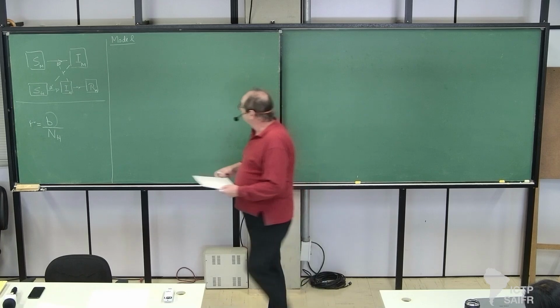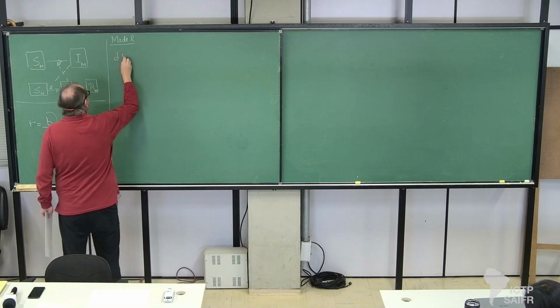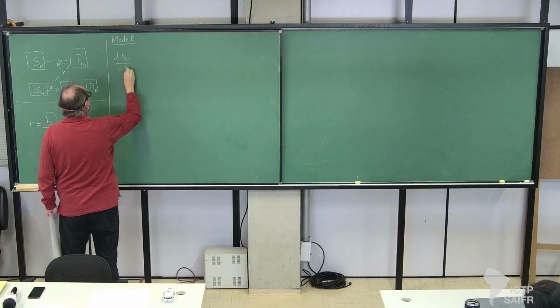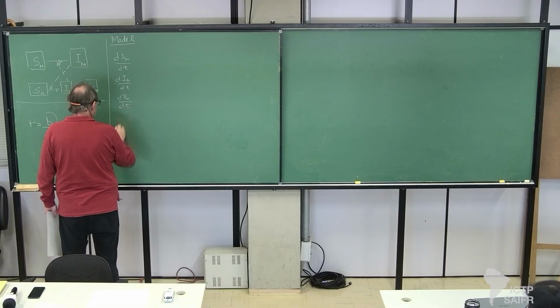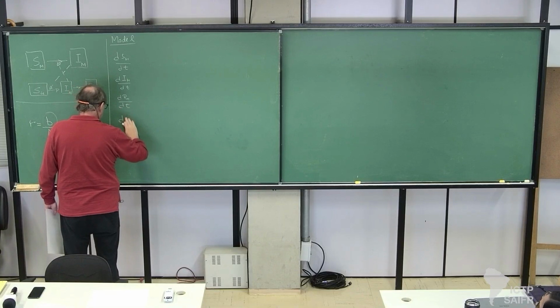You have to write 3 equations for the humans, plus 2 for the mosquitoes.